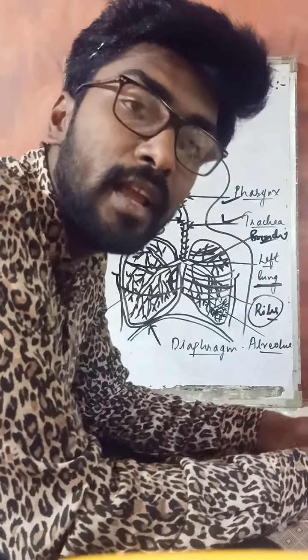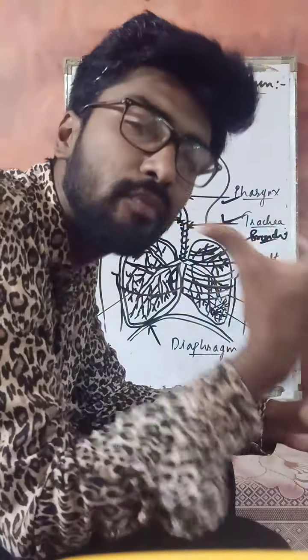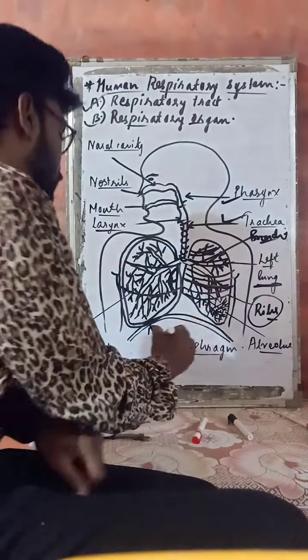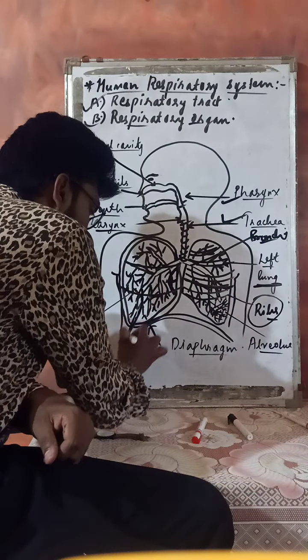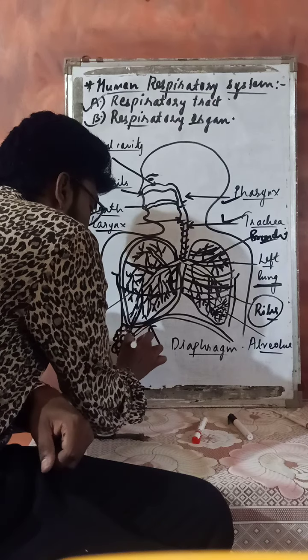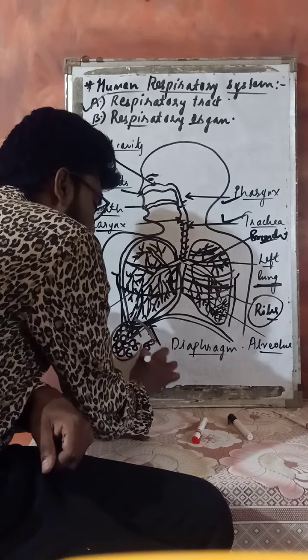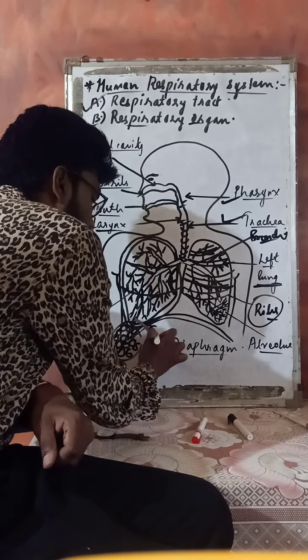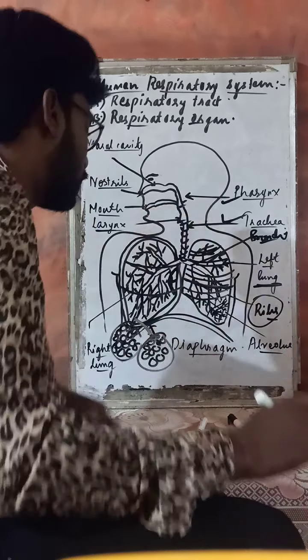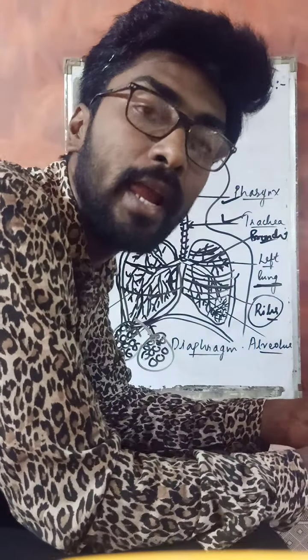Now in the lungs, the bronchiole further terminates into a bunch of grape-like or balloon-like structures. This bunch of grape-like or balloon-like structure is called the alveolus or alveoli sac.